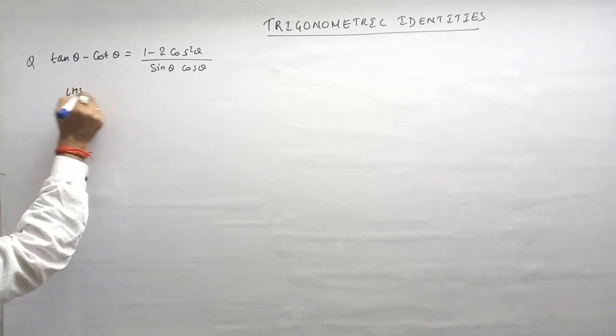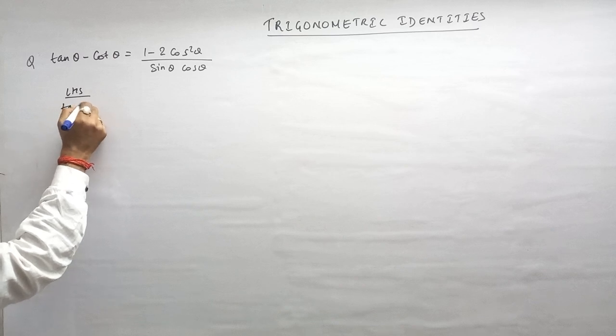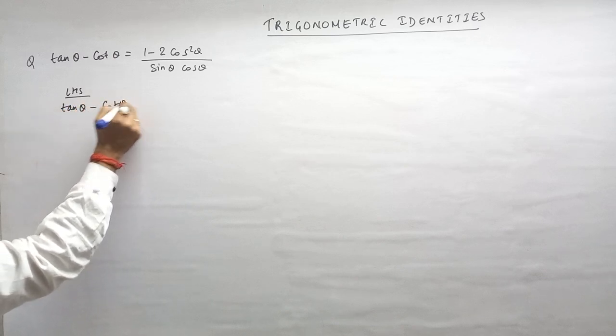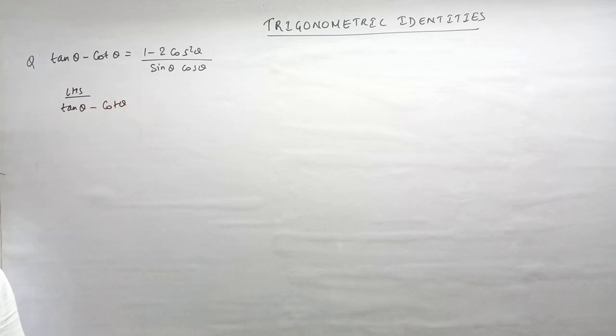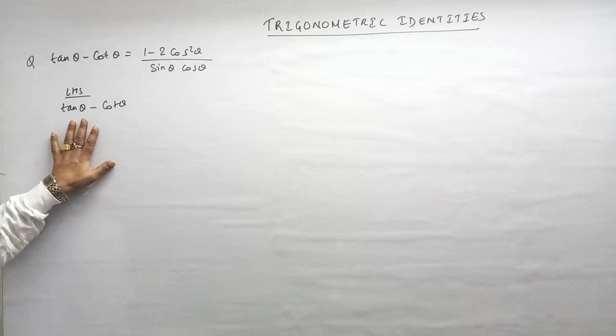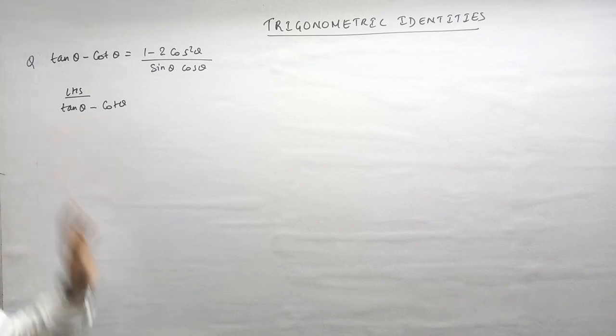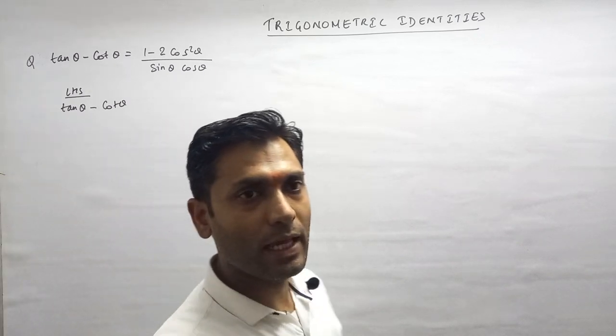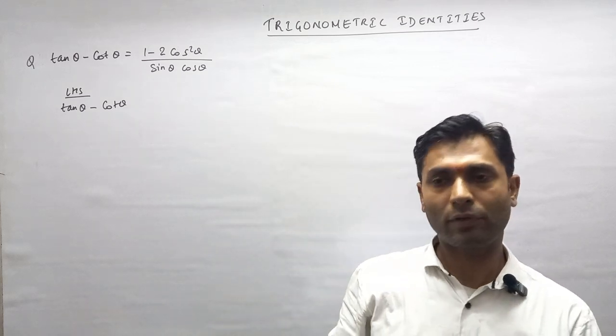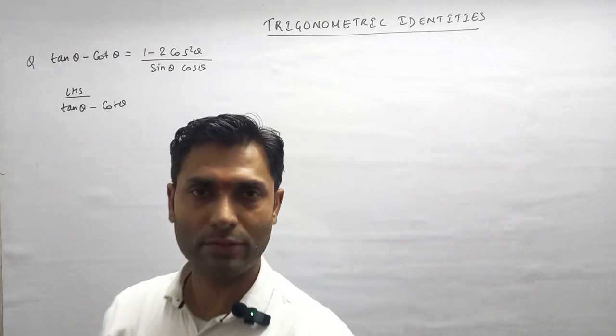So here the left hand side is tan theta minus cot theta. Okay. Now we know this tan theta can be expressed in terms of sin theta and cos theta. This also we have already discussed in the previous classes, right?